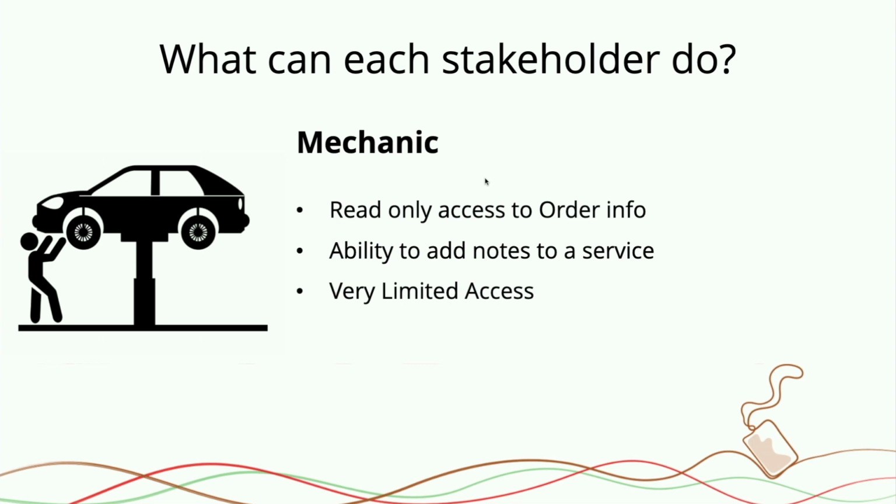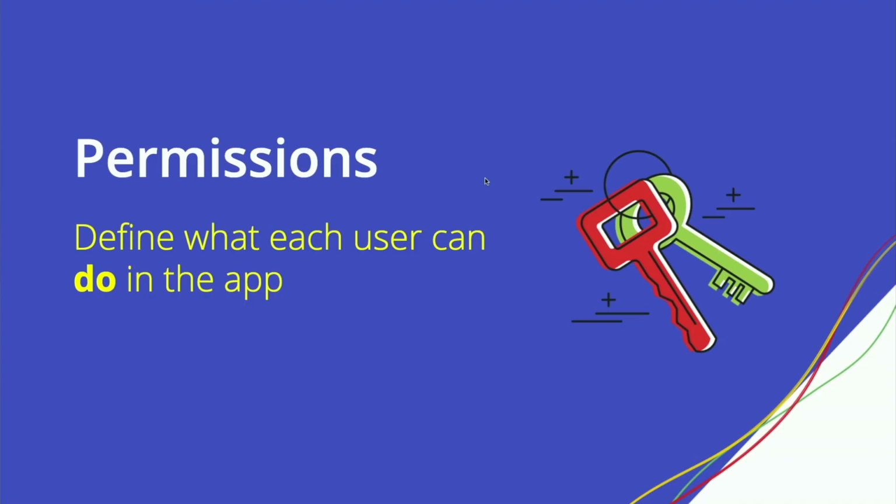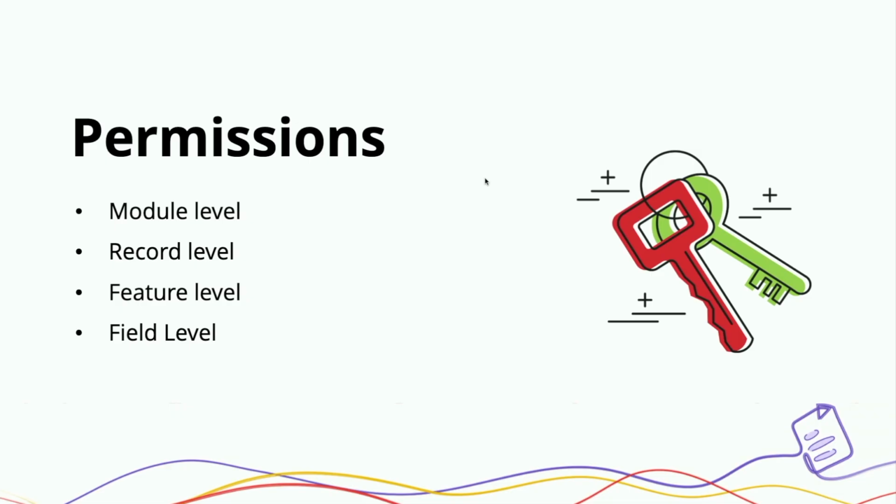Now, how are we going to achieve this kind of a limited access within Zoho Creator? We have a feature called permissions, with which you define what each user should be able to do within the application. And when you say permission, there are various levels of permission. Number one is a module level permission.